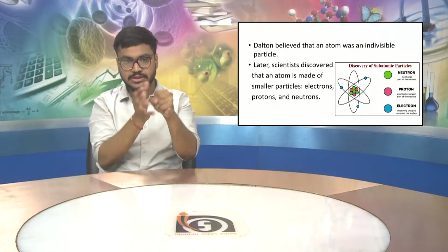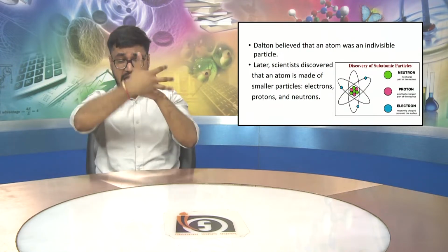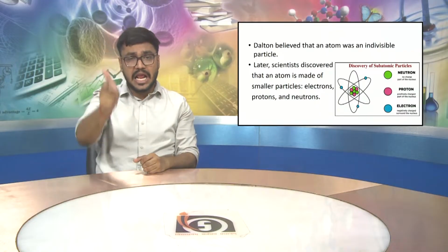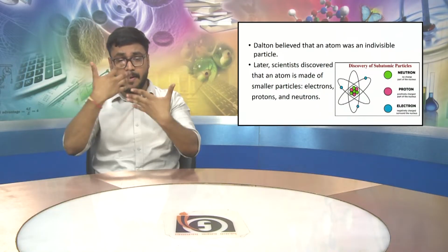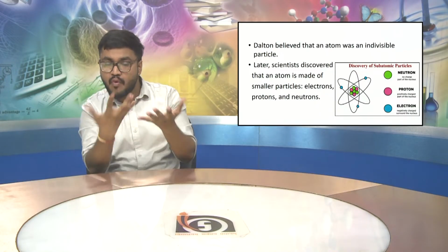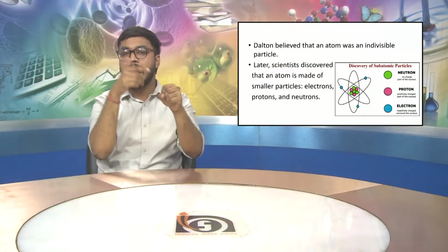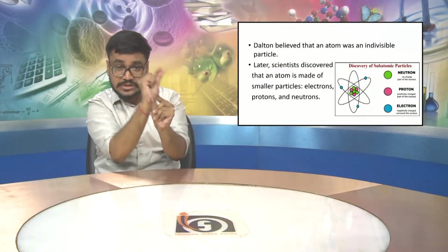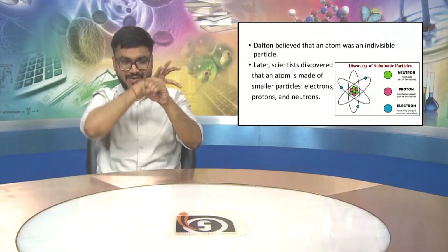Dalton believed that an atom was an invisible particle. Later, scientists discovered that an atom is made of smaller particles: electrons, protons, and neutrons.